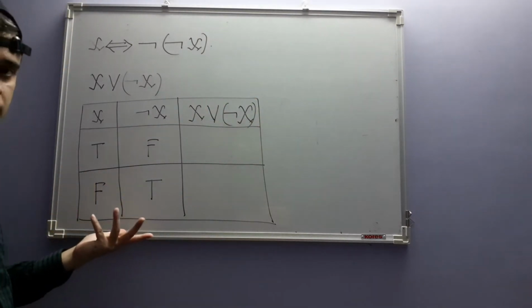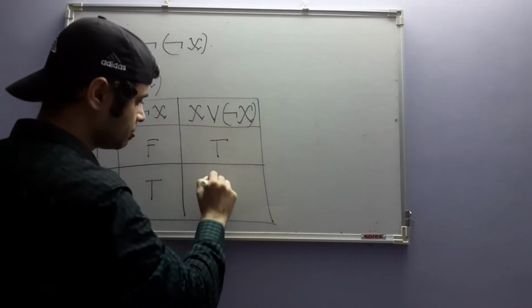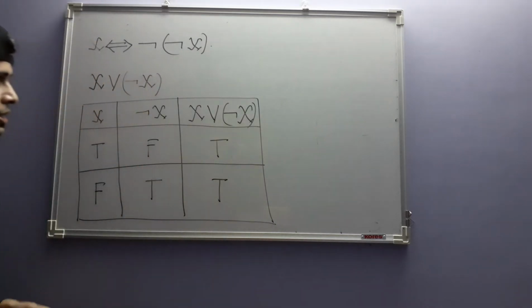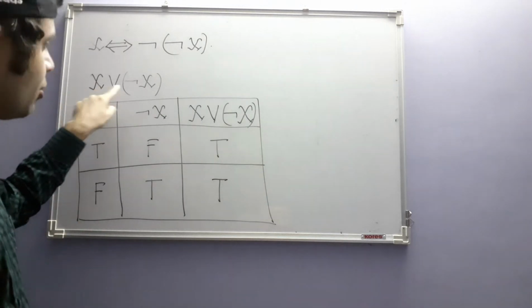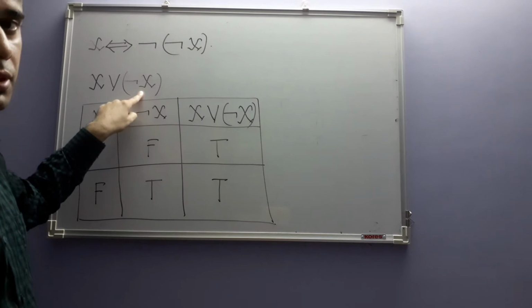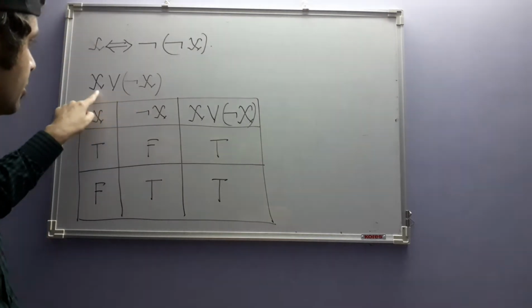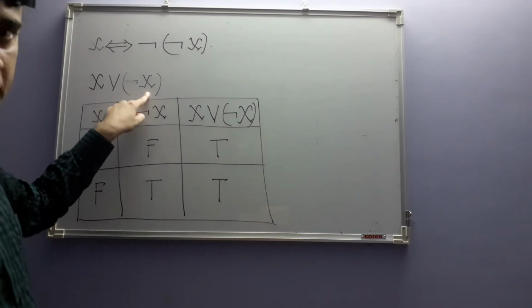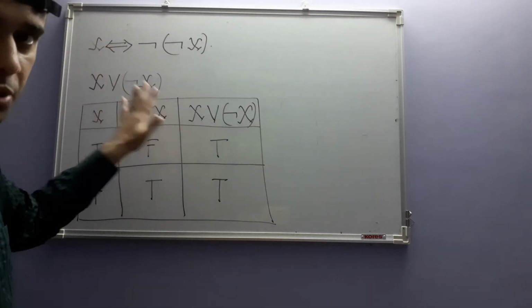And that's the case. One of them is always true. So that means this is true. It just simply says that either something happens or it does not happen. Now, of course, this is always the case. You cannot have anything other than this. So this is always true. This is the law of excluded middle.